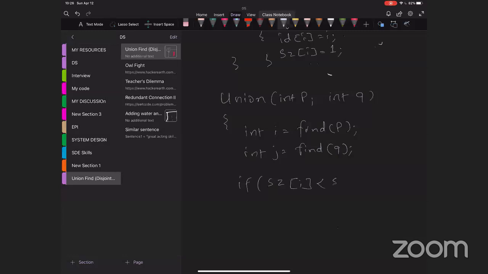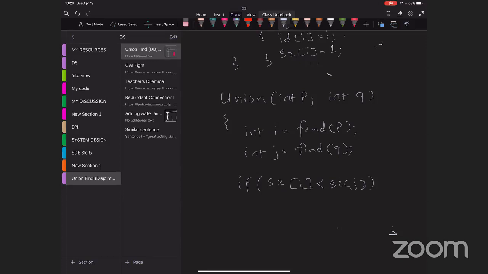If size of i is less than size of j, that means which tree is bigger?